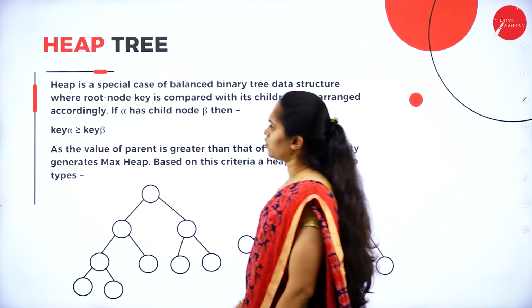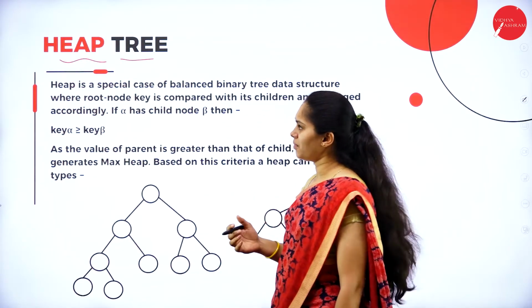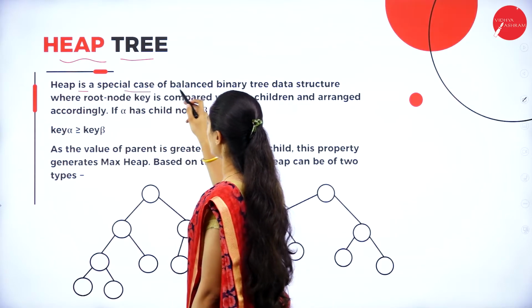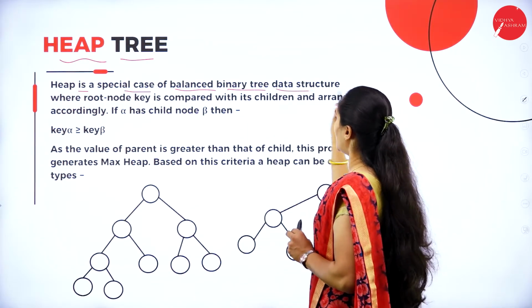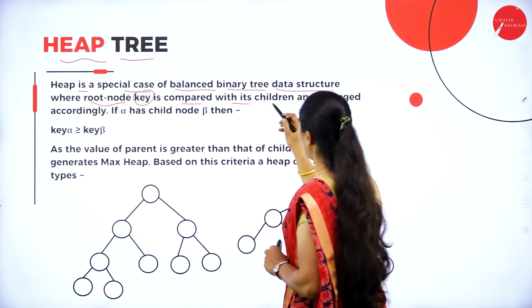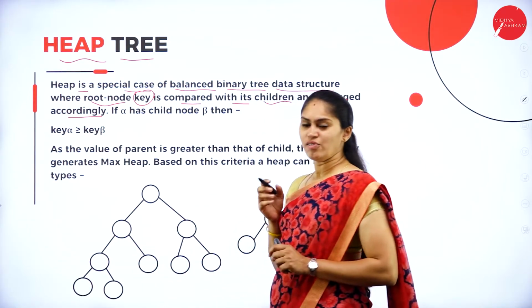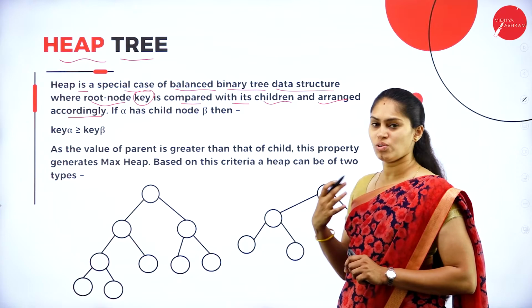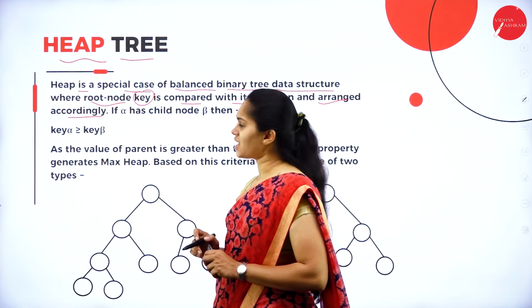Next we have one more topic, that is the heap tree. When it comes to the heap tree, what does it mean? Heap is a special case of balanced binary tree. It is a balanced binary tree data structure where the root node key is compared with its children and arranged accordingly. So we are making a comparison of a root node with its child node or children nodes, and then we are making its arrangement.